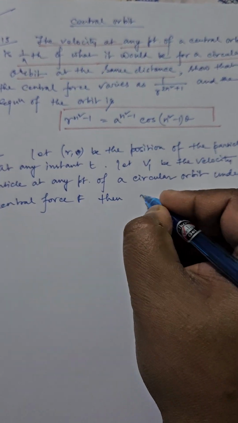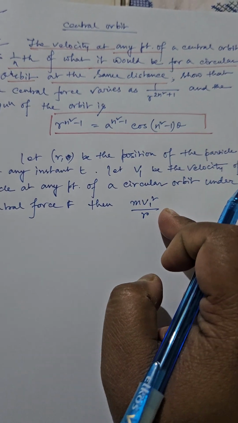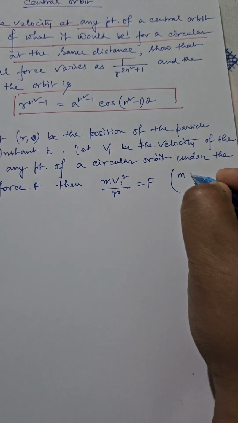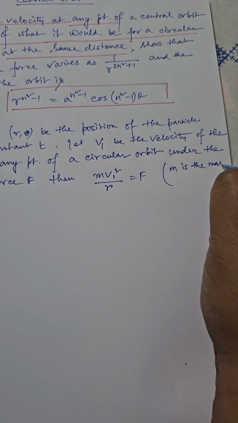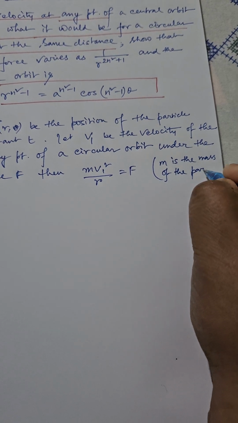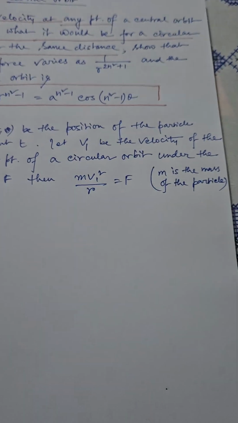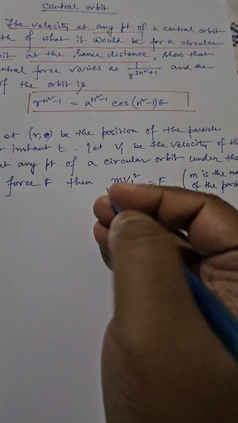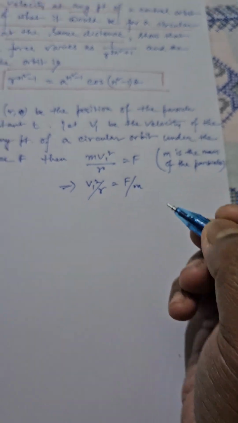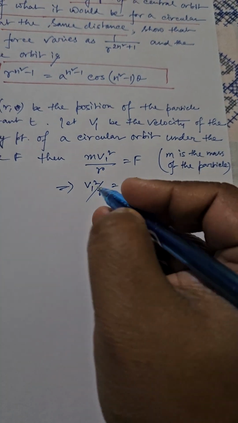Then we have m v1 square by r. This is the net force acting on a circular orbit, and it will be equal to F. m is the mass of the particle. I hope all of you can remember this criteria. Already we have discussed it in our classes, and from here you can say v1 square by r should be equal to F by m.